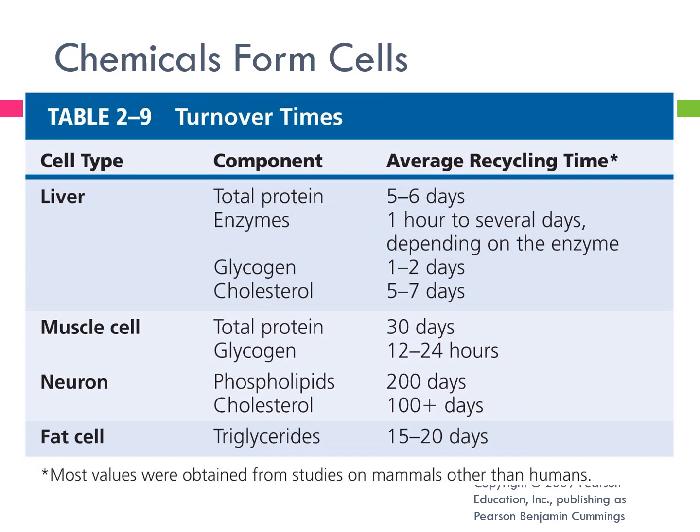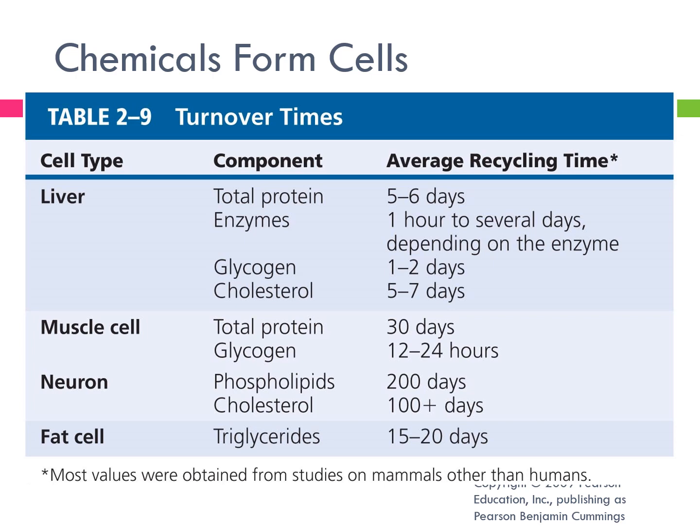And then this is just a little, you don't have to memorize this, but this is just interesting to show that in the liver, we have protein that is recycled every 5 to 6 days. Enzymes can be recycled every hour or several days, depending on the different enzymes. Glycogen, which is stored glucose, is recycled every 1 to 2 days. Cholesterol every 5 to 7 days.